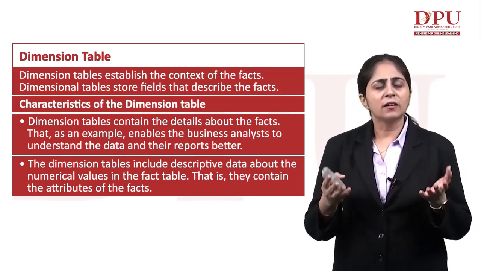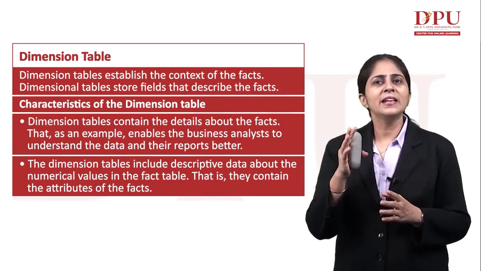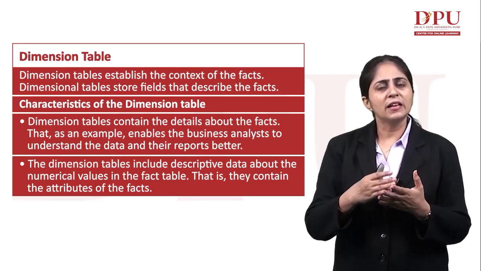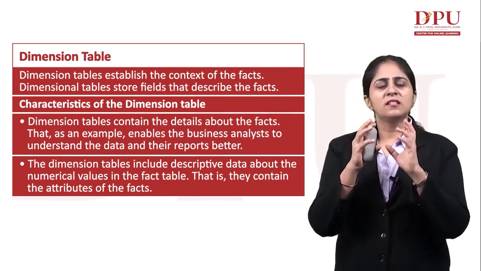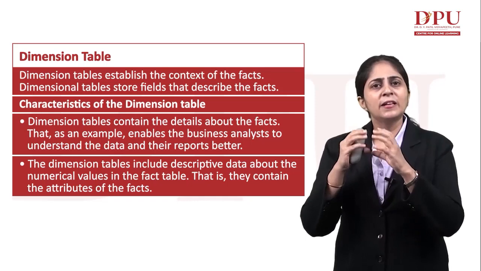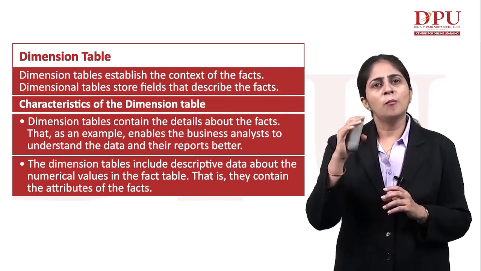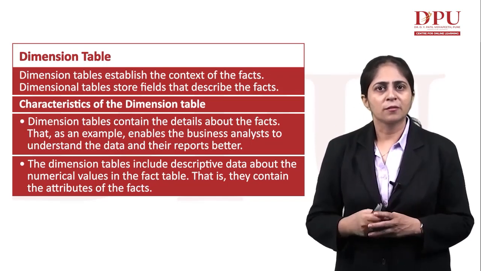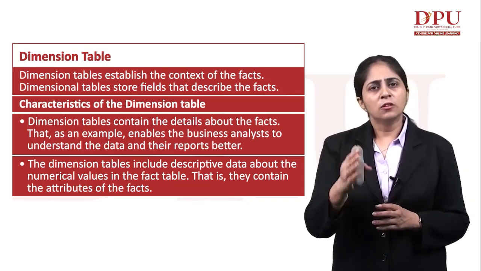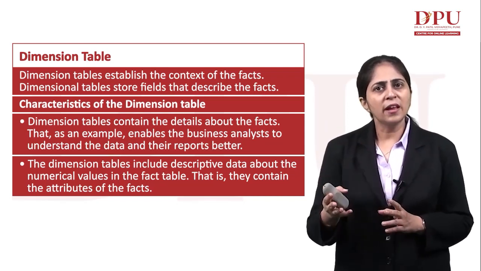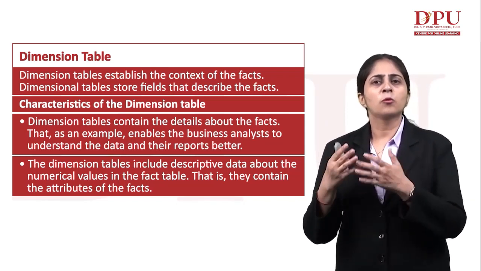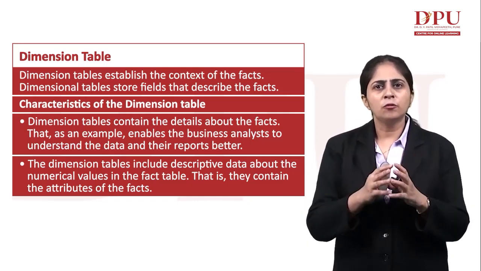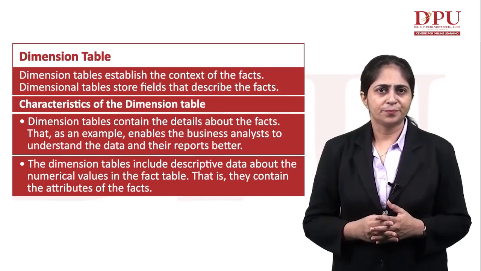We might want to see the sales in a particular quarter, that is, how many of our products have been sold in this quarter. So time is one dimension for us. Then marketing region, to which region it belongs, is another dimension. And product type means what product type we have sold. All this we have to store in our dimension table.